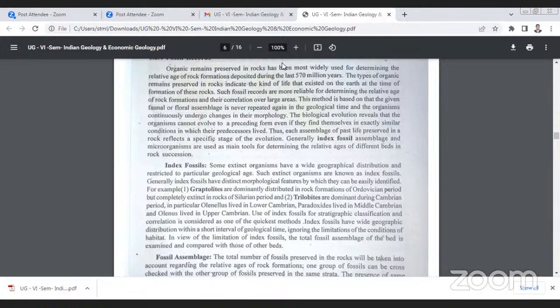One more example is the graptolites. The graptolites, mainly seen in different rock formations, were distributed in the Ordovician period, but were completely extinct by the Silurian period.